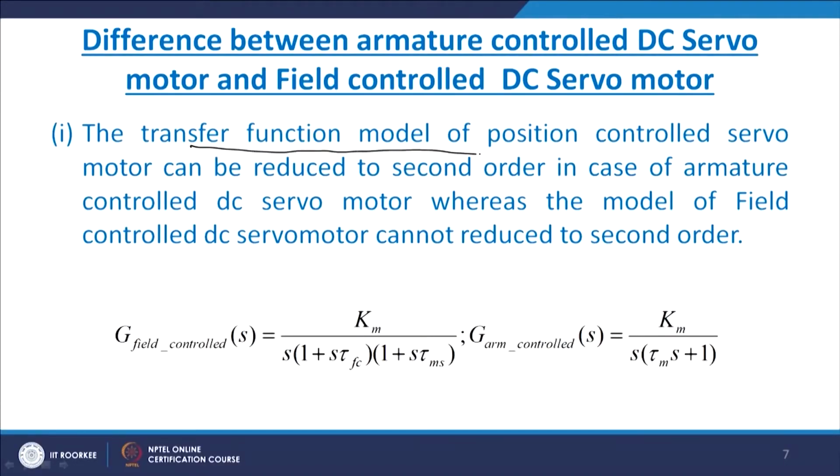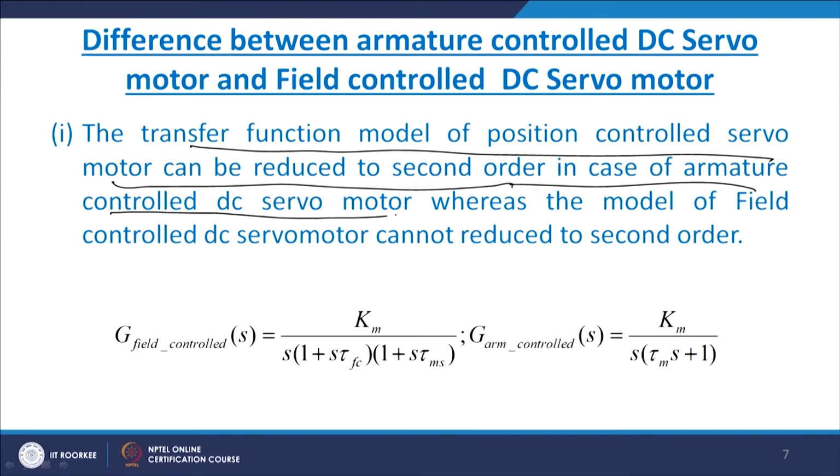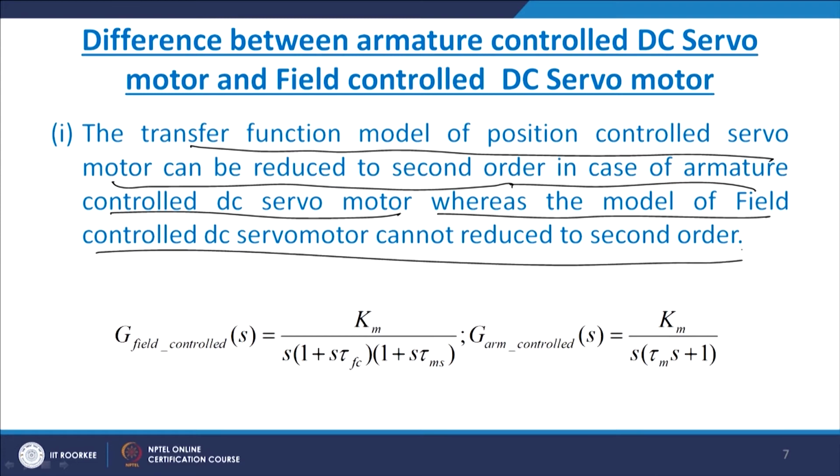Now we just see the difference between the armature control DC servo motor and the field control DC servo motor. The first point: the transfer function model of a position control servo motor can be reduced to second order in the case of armature control, whereas the model of field control DC servo motor cannot be reduced to second order.